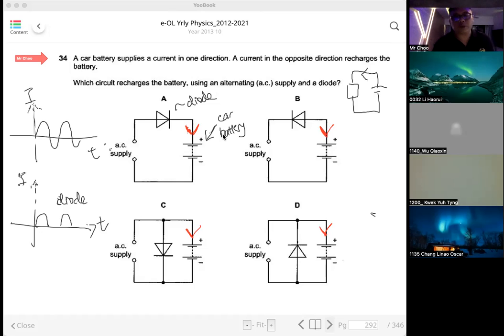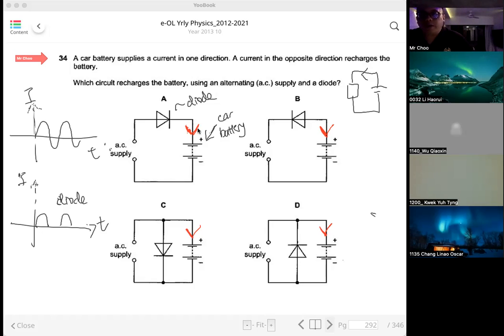The car battery will only be charged if the current is flowing in the opposite direction, as mentioned in the question here. The current in the opposite direction will recharge the battery. So which of these circuits allows the AC supply to supply a current that moves in the direction of the red arrow? Is that clear now?